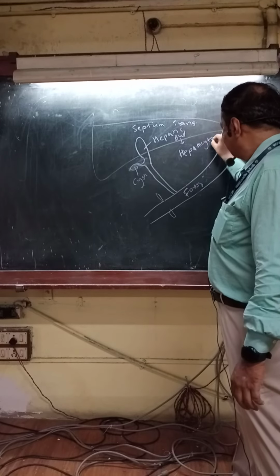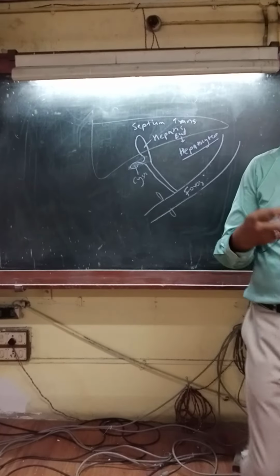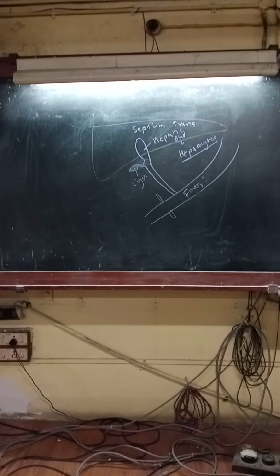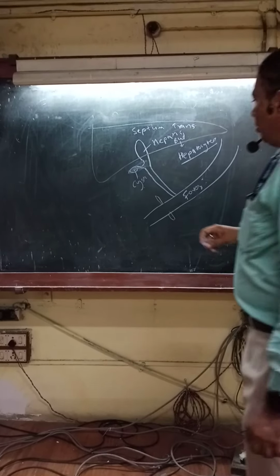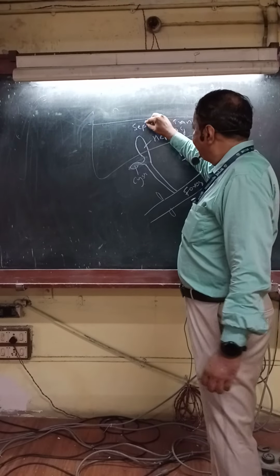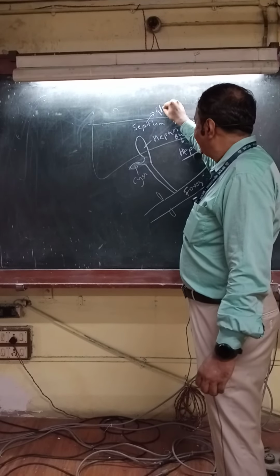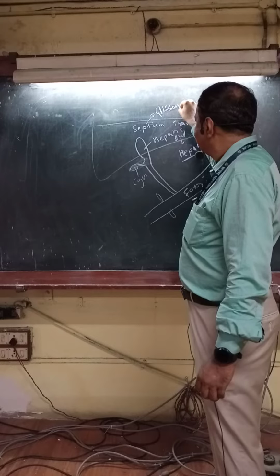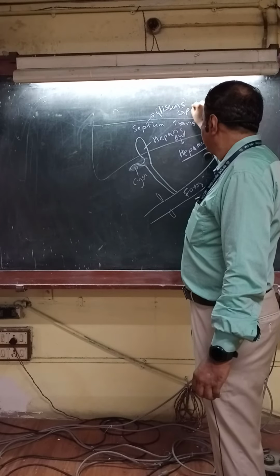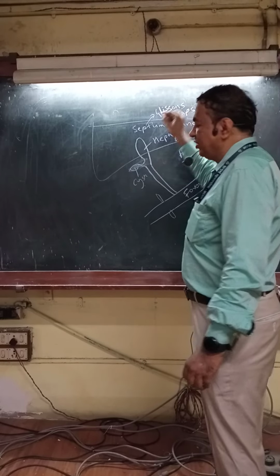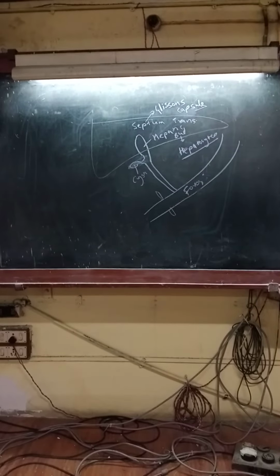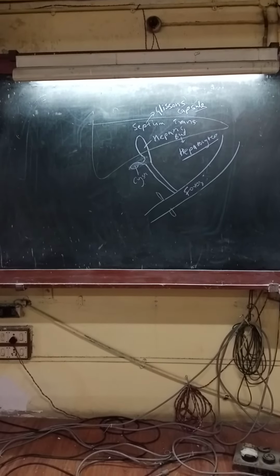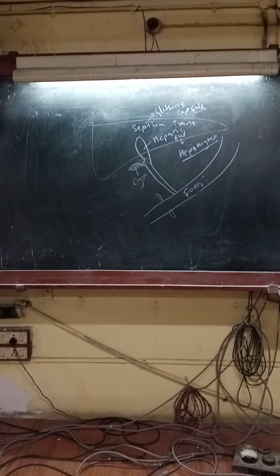So hepatocytes are developed from the hepatic bud. Okay. The septum transversum gives rise to the capsule of the liver, which is called Glisson's capsule, and the reticular framework.